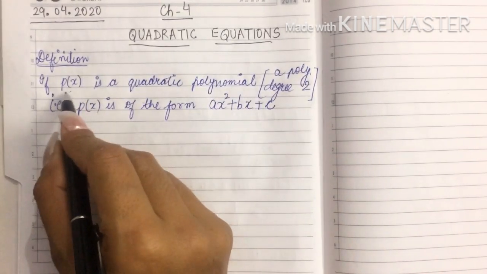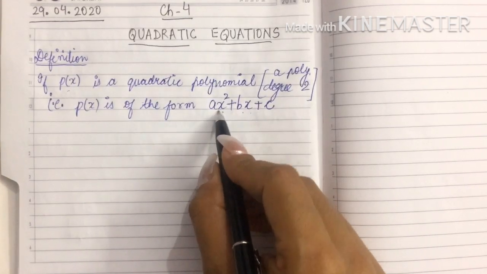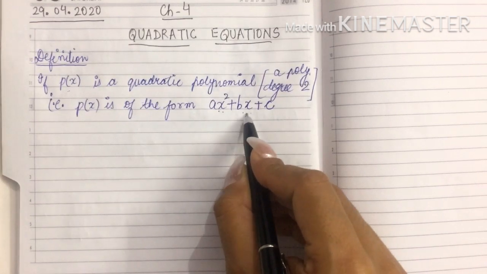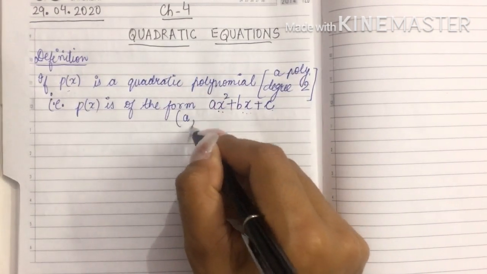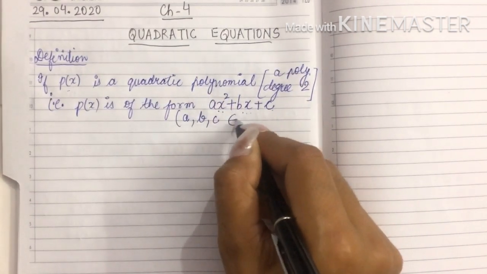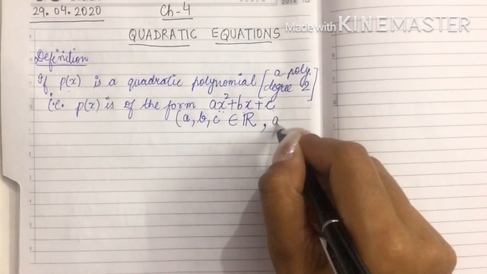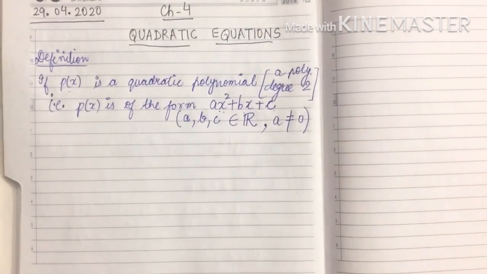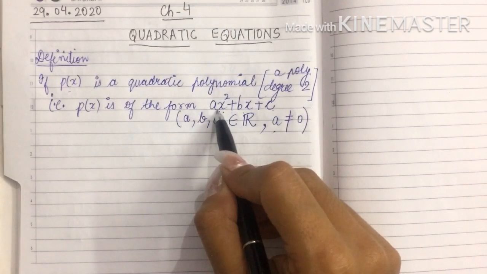The polynomial is in x because the variable used is x. I've got a term containing x², a term containing x, a term without the variable which is the constant term, and here a, b, c, they are real numbers, meaning these are constants, and a is not equal to 0. a is the leading coefficient. Leading coefficient cannot be 0.